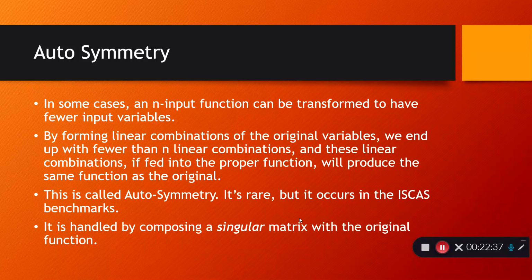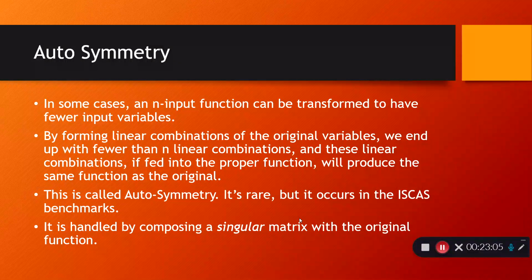In some cases, an n-input function can be transformed to have fewer than n input variables. What we do is we form linear combinations of the original variables, and we end up with fewer than n linear combinations, and I can use these linear combinations to compute the original function. That's essentially what all this verbiage says.